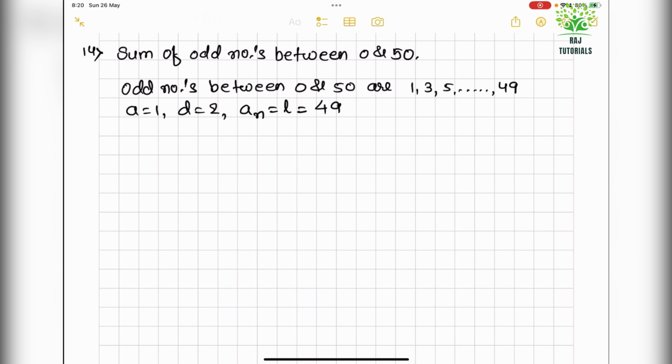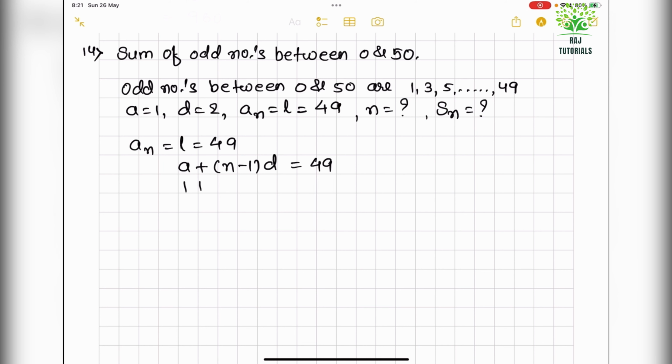So he has asked me the sum. But I don't know how many numbers there are. So n I don't know, and I have to find the sum. To find the sum I will need n. So an, that is l, equal to 49. So l means a plus n minus 1 d, that is 49.